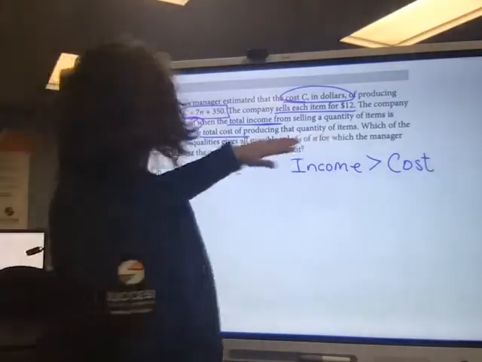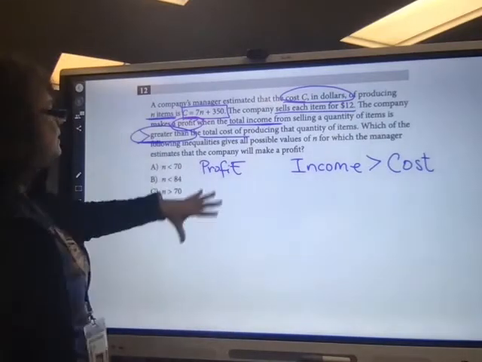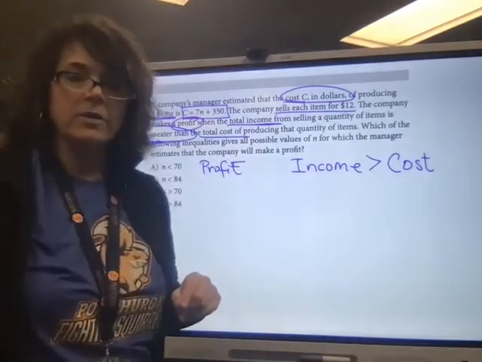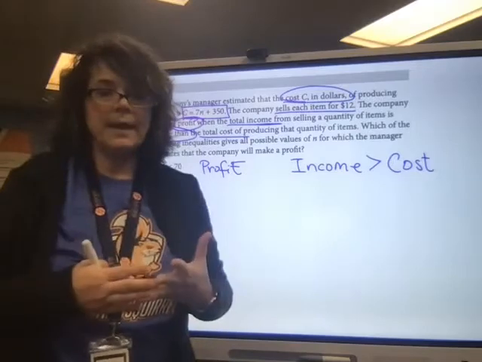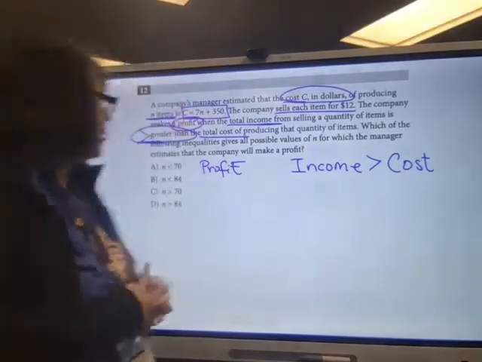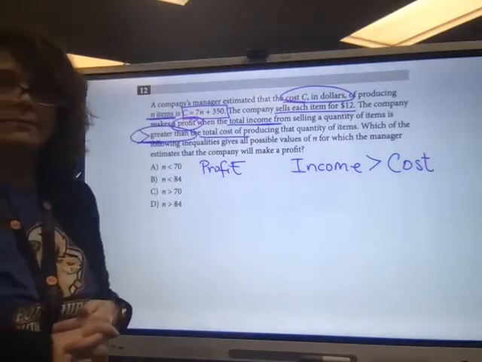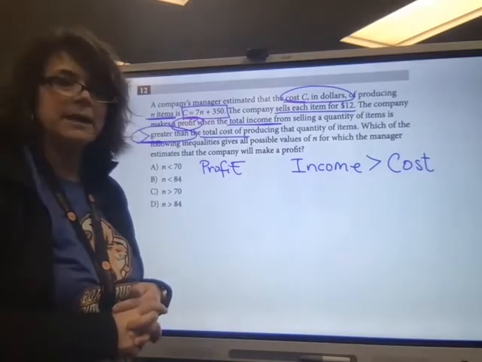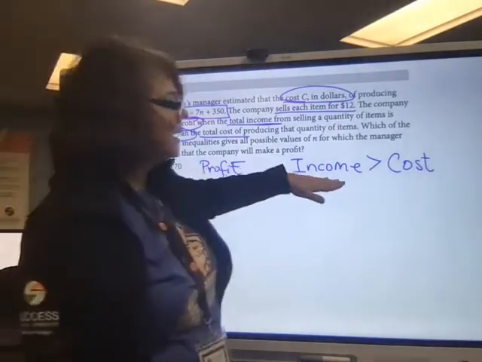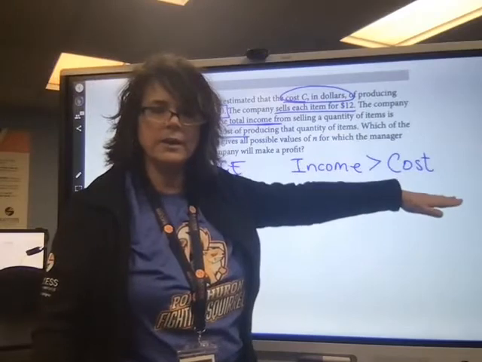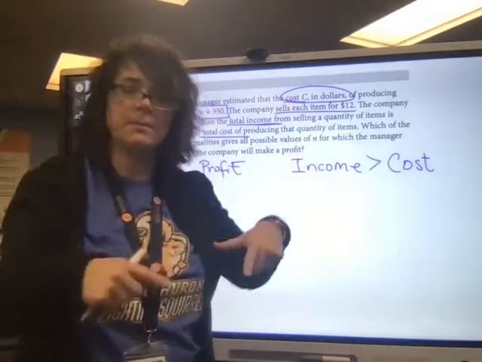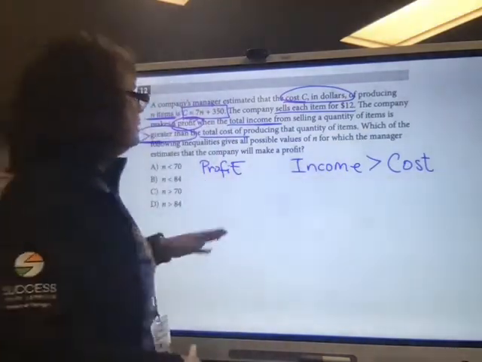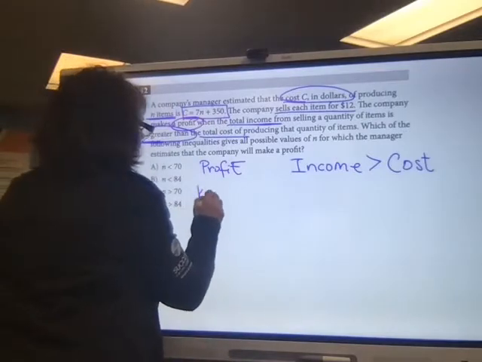Okay, so which of the following inequalities? We've got to solve this and figure out how many items it takes to start making a profit for this company. So let's begin here. We know we want income to be greater than cost. So we've got our inequality set up. Now we've just got to put the math into it.